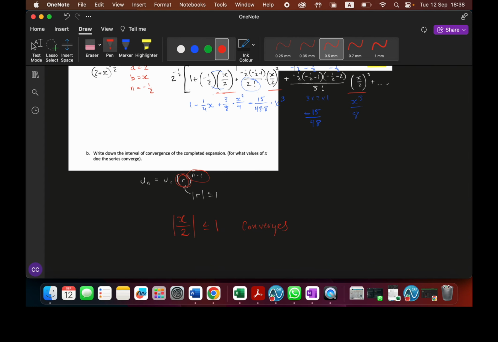So what values of x make this thing converge? Well, it's whenever x is between -2 and 2, because -2 divided by 2 would be -1, but the absolute value gives me 1. But 1 doesn't work with our convergence, right? So we're looking for the values like that.